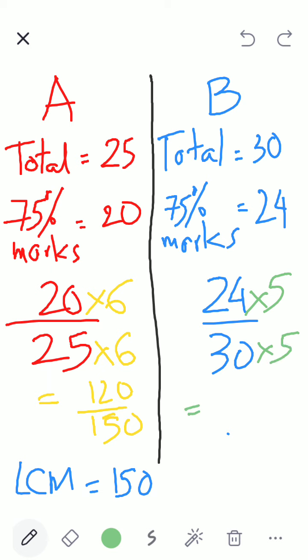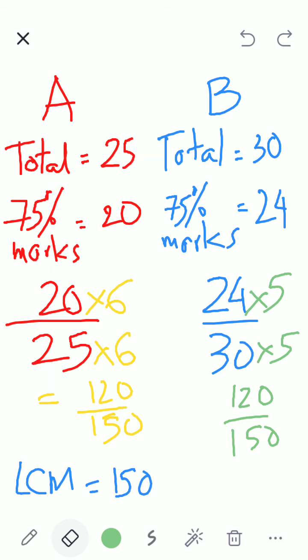So you got equal to 120 by 150. Now these two fractions are what? Equal. Children saw?